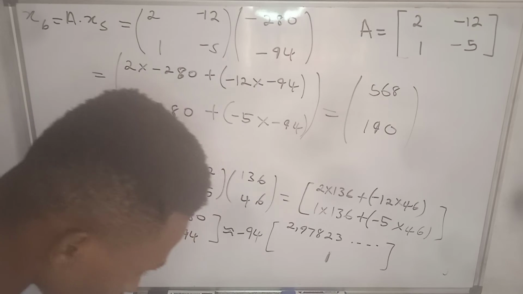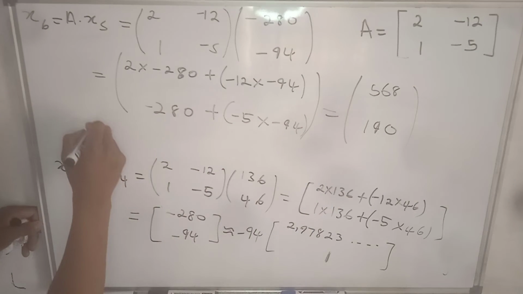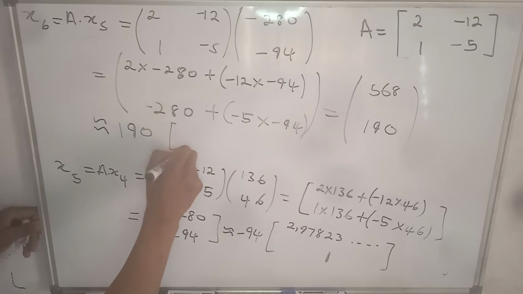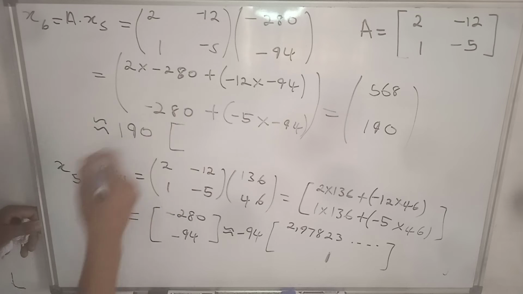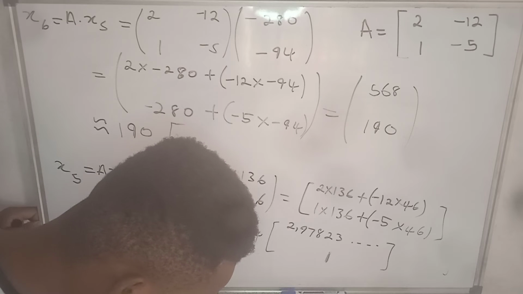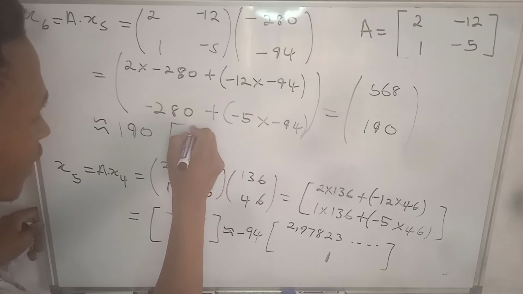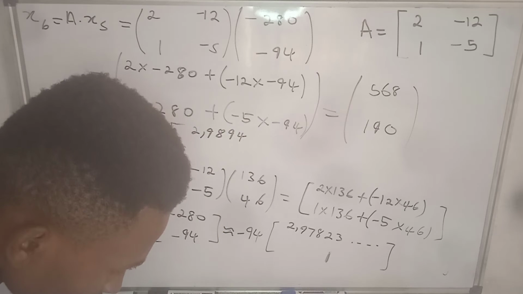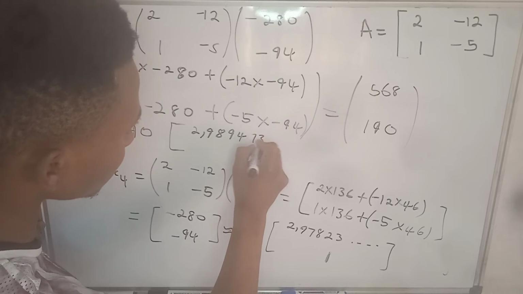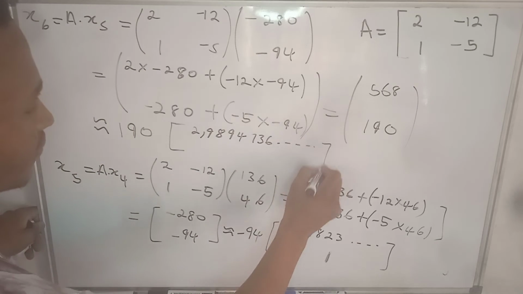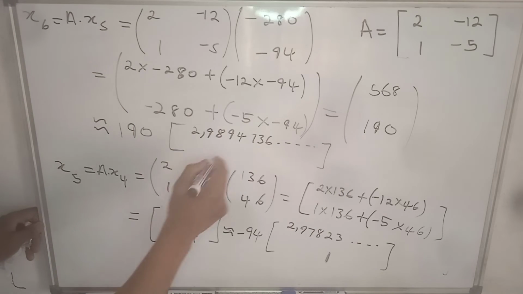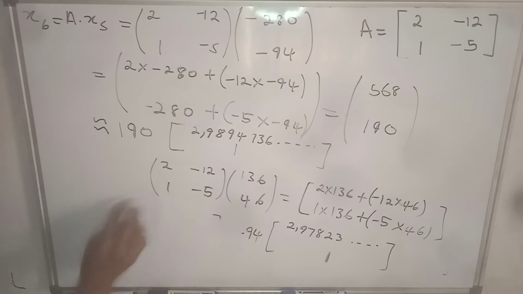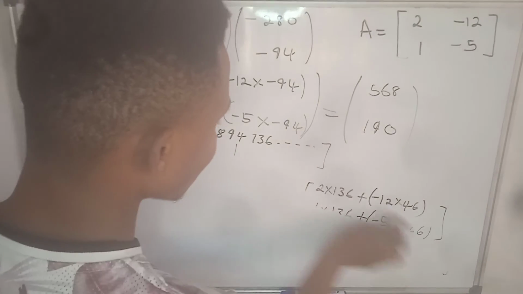So if I approximate this, I will take 190, and if I divide 568 by 190, I'm going to get 2.98, 94, 736, and so on. If I divide 190 by 190, it's just 1. So this is my 6th iteration.